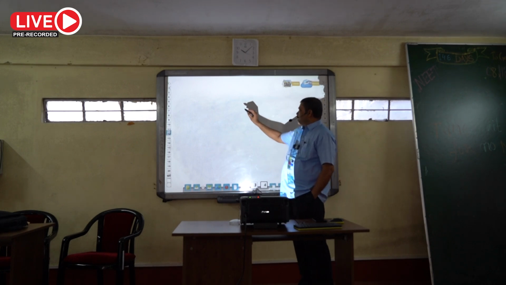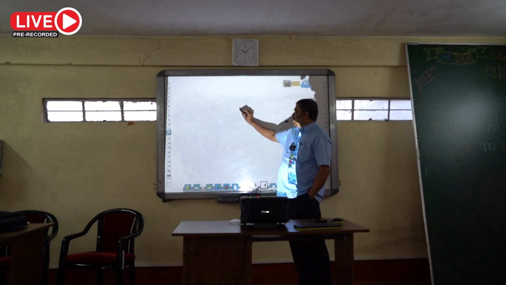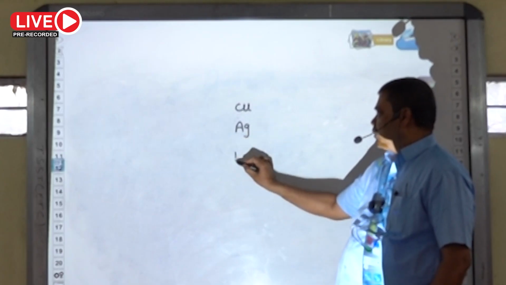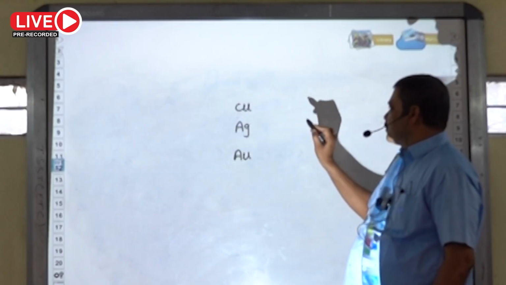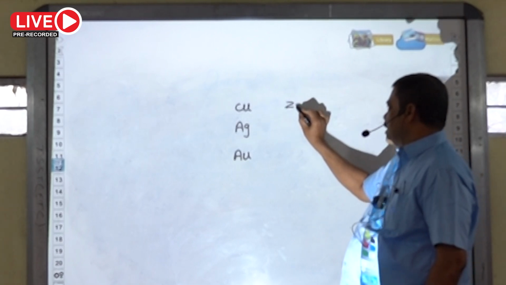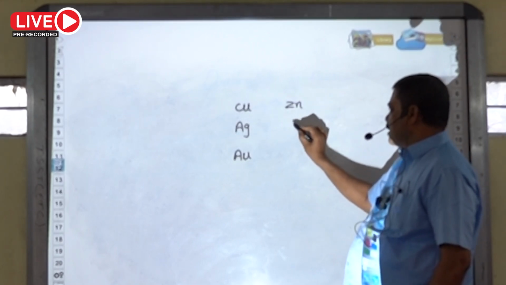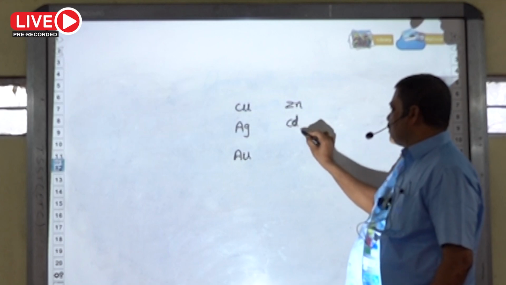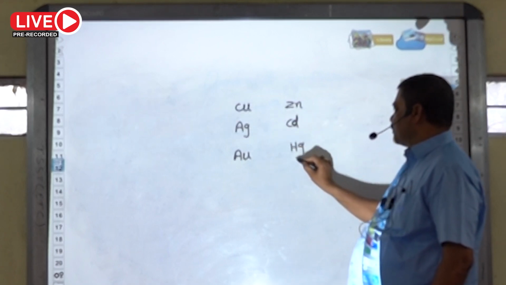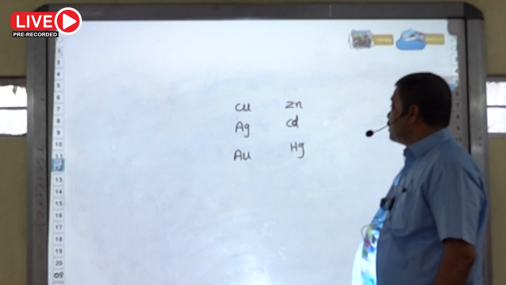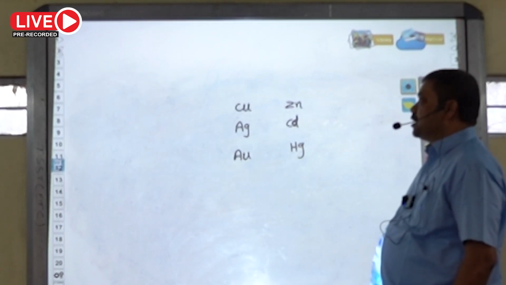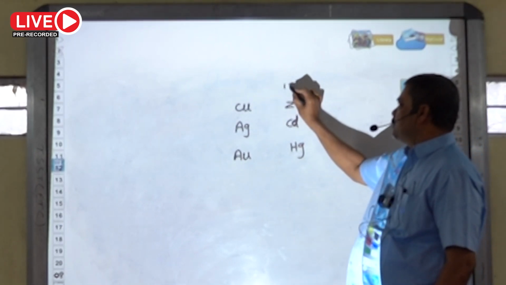So here you take the coinage metals, copper, silver, gold, and also take zinc, cadmium, mercury. This is the 12th group.